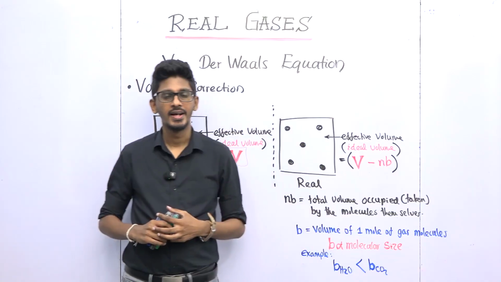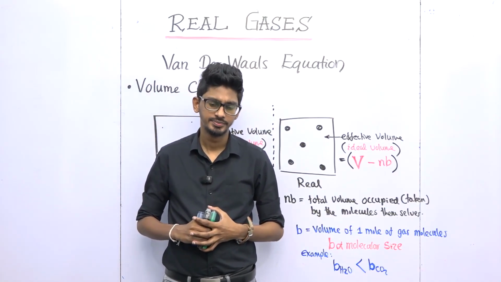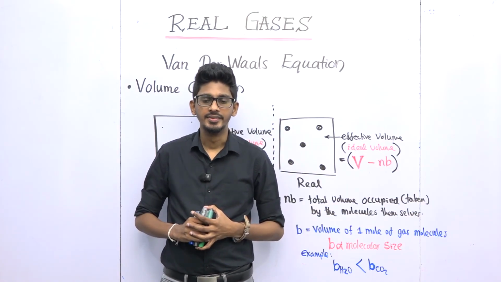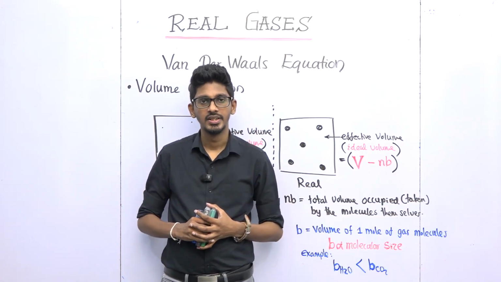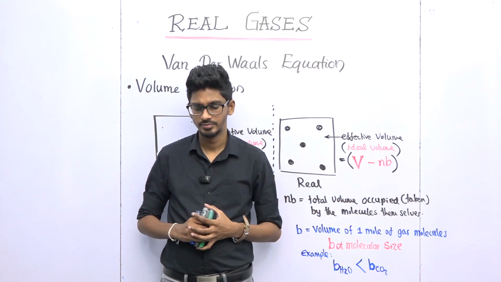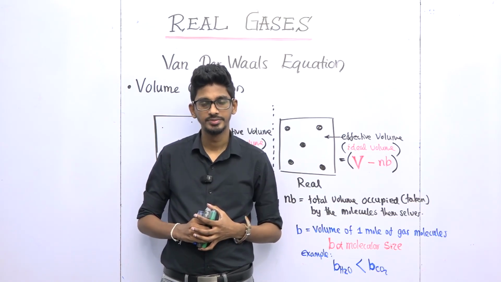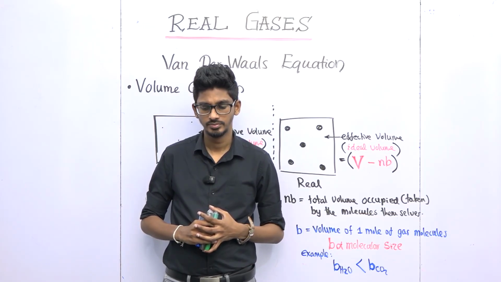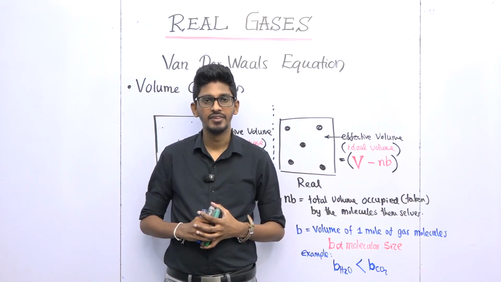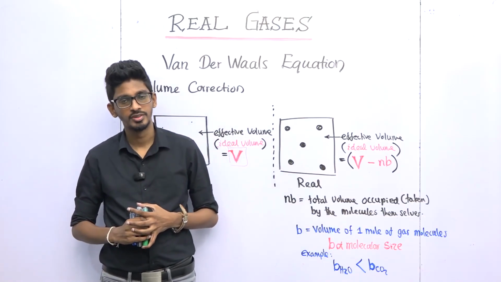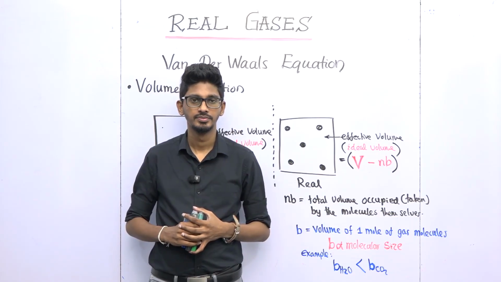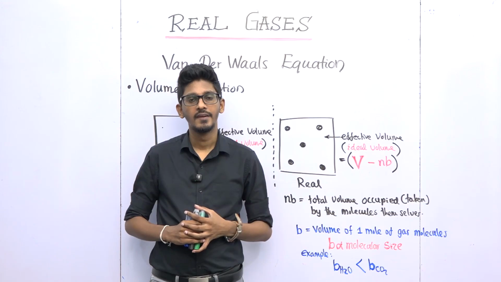Come to the normal color. At the next line you can write, again in red color, because instead of moving in volume V, these molecules are now restricted to an effective volume of (V minus nb).